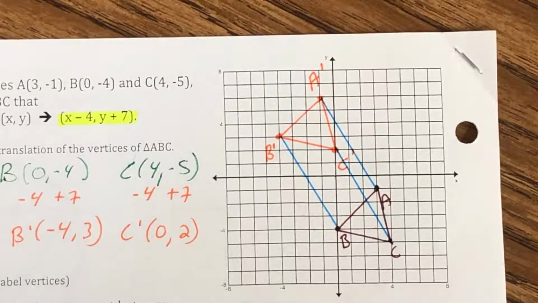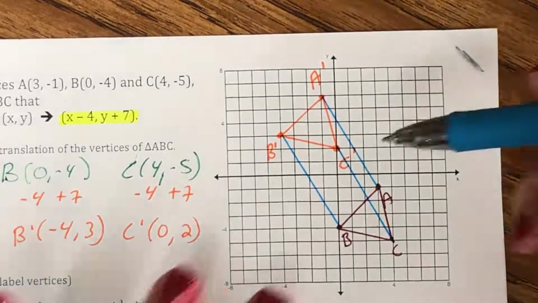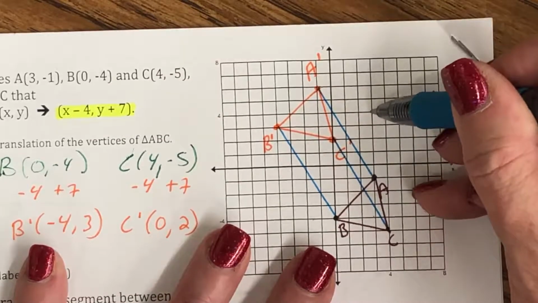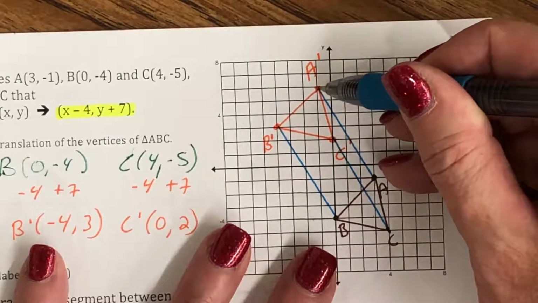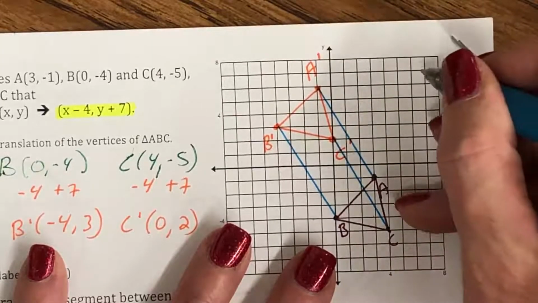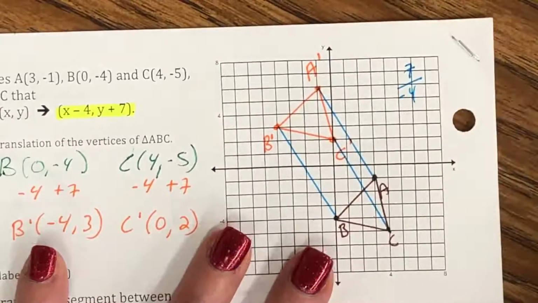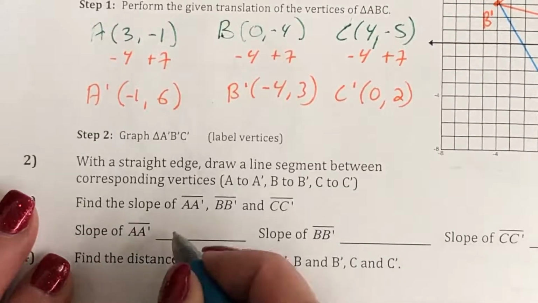Well, to figure that out, let's go ahead and find the slope of each one. So the slope from A to A prime, we go up 1, 2, 3, 4, 5, 6, 7, and left 1, 2, 3, 4. So we have up 7, left 4, so that's negative 7/4.